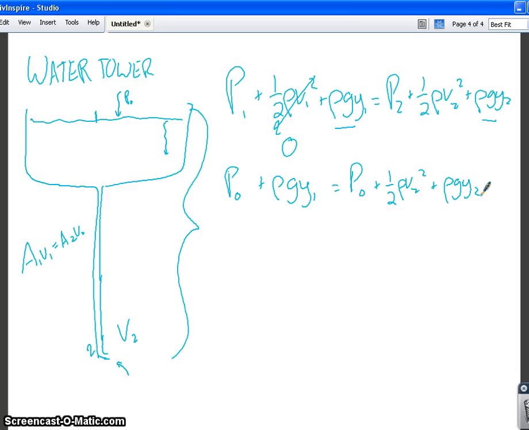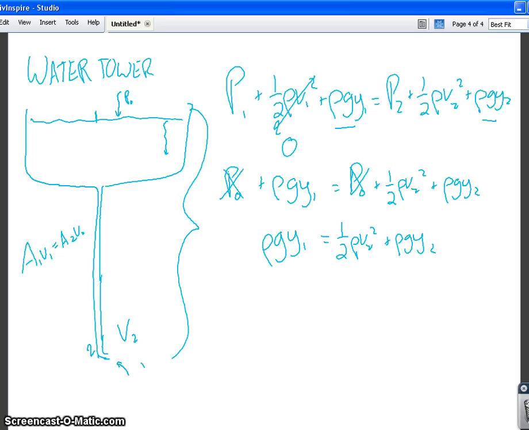So notice this. There's atmospheric pressure pushing from the top, there's atmospheric pressure pushing from the bottom. Because these two pressures are the same, they cancel out. So now we have rho g y1 equals 1/2 rho v2 squared plus rho g y2.